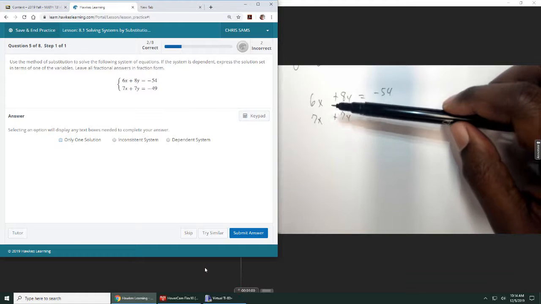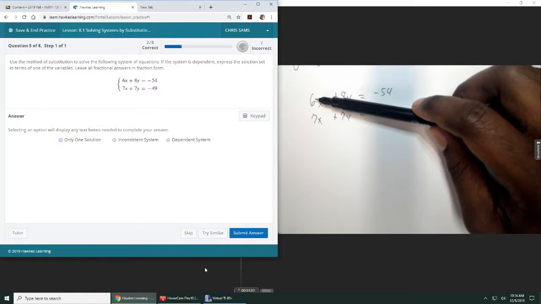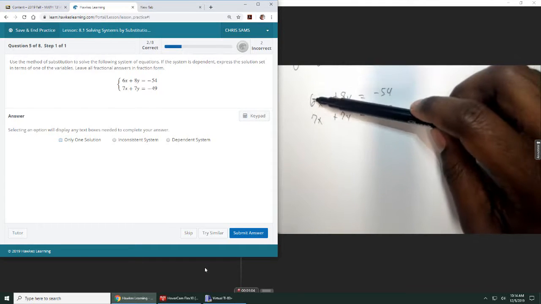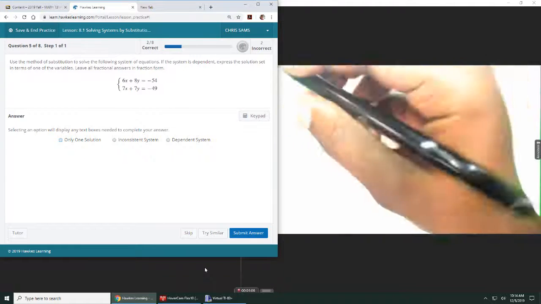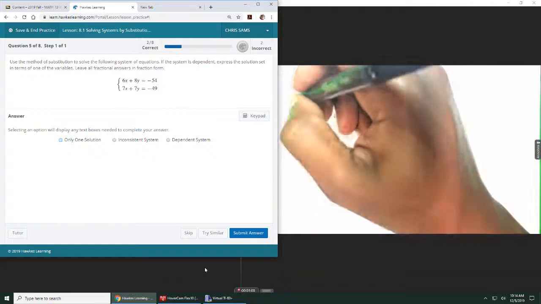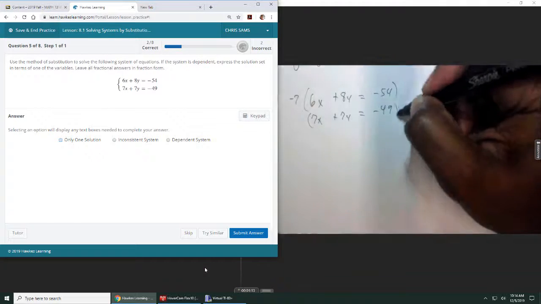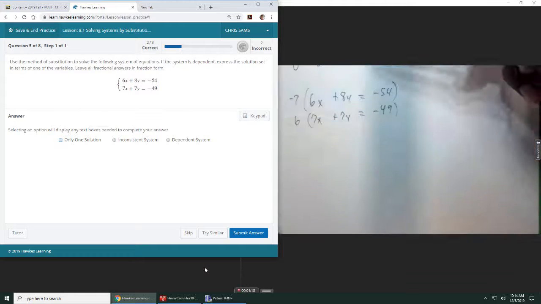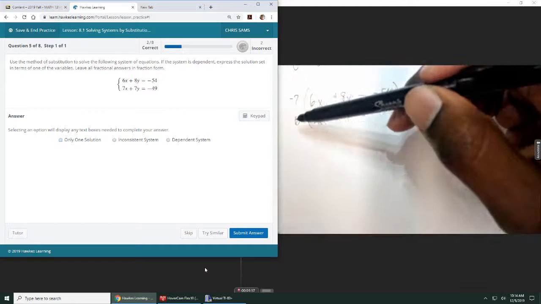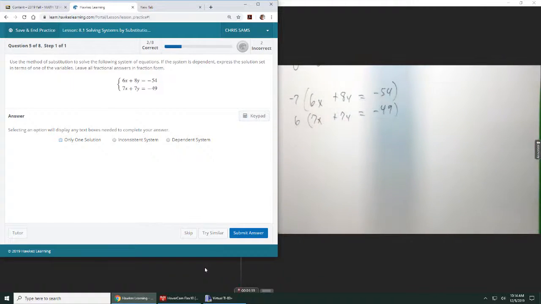So we're going to multiply and find the least common multiple, which between 6 and 7 will be 42. So this first equation we're going to multiply by negative 7, so we change the sign. This one we're going to multiply by positive 6. So we're going to get opposite signs but the same number, so x will get eliminated.